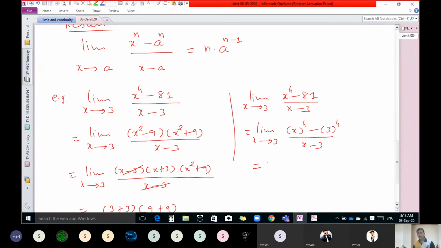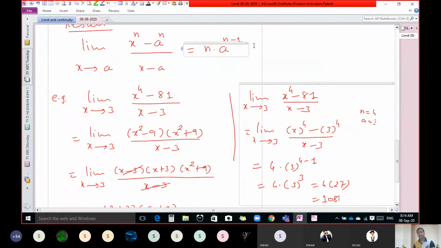So n equal to 4 and a equal to 3, and use the result. So it is 4 into 3 raised to 4 minus 1. So obviously 4 into 3 raised to 3. 3 raised to 3 is 27. 27 fours are 108. So without factorization, you can solve the question by using this result.